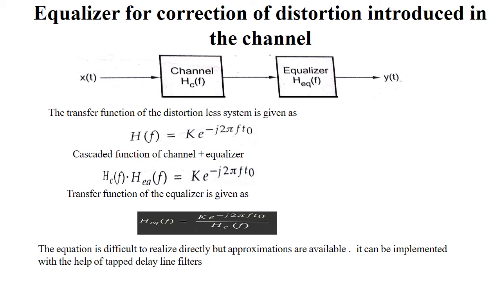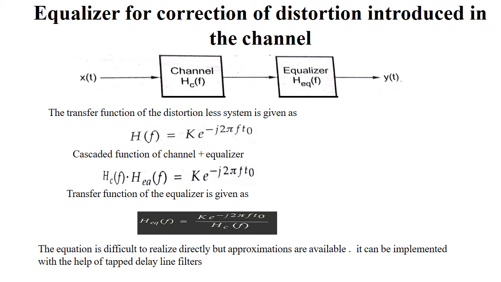The next one, equalizer for correction of distortion which will be introduced in the channel. Here we have taken the transfer function of the distortionless system as H of f equal to k e power minus j 2 pi f t naught. The cascaded function of channel plus equalizer will give the output as H c of f into H eq of f equal to k e power minus j 2 pi f t naught.